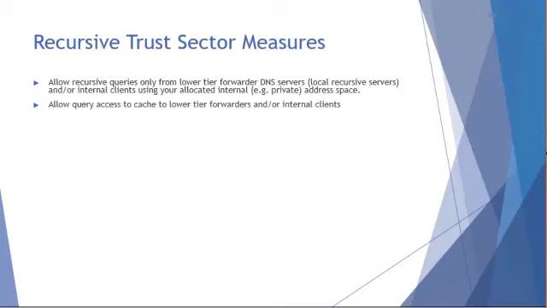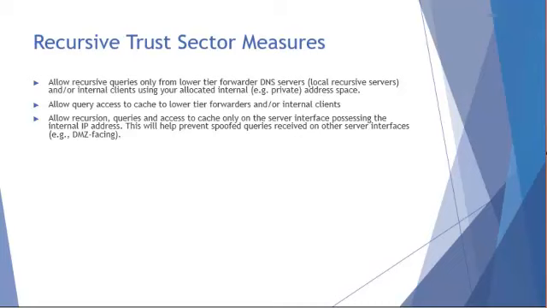Also restrict access to the cache. Certain applications like BIND allow you to control the allow-query-cache setting. Keep that restricted also. Allow recursion queries and access to cache only on the server interface possessing the internal IP address.